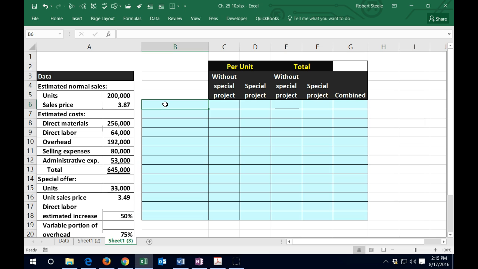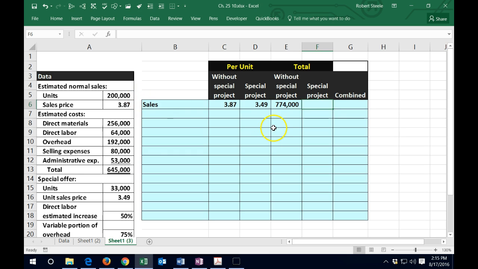We're going to try to break out our variable portion and our fixed portion in order to analyze this numerically. We'll start off with the sales, and we're going to have the per units over here. Normal is $3.87 per unit. The special sales price is going to be $3.49. Without the project, we would have the 387 times the 200,000 units that we expect to produce.